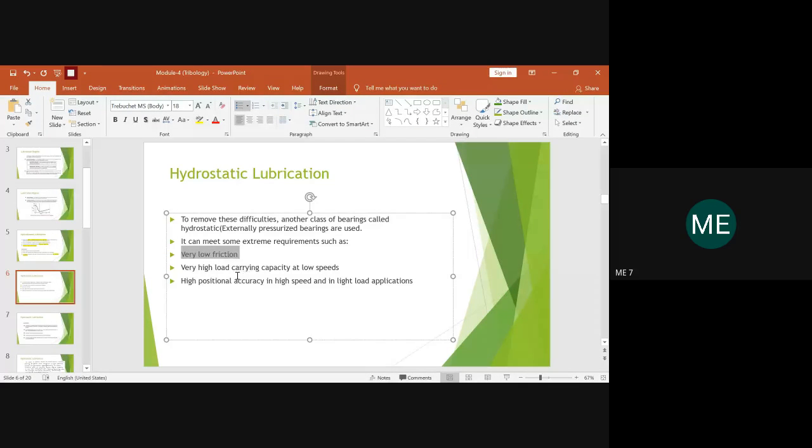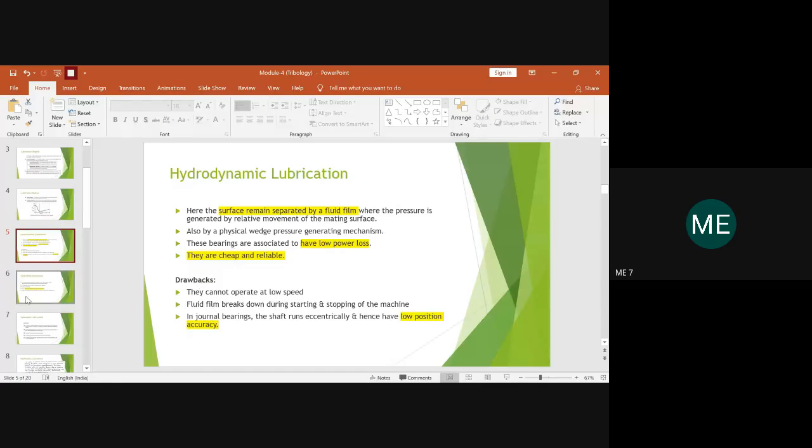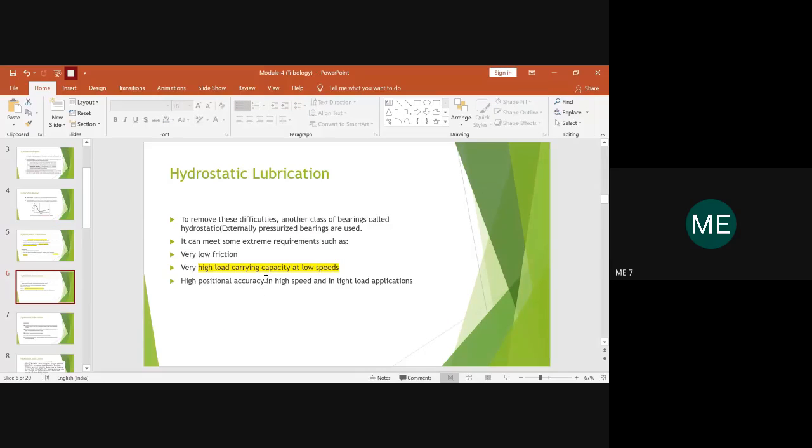And second, it has a high load bearing capacity even at low speed. This was a major drawback in the case of hydrodynamic lubrication, right? So this was overcome by hydrostatic lubrication, where you can run the journal bearing at even low speed and have high load carrying capacity.